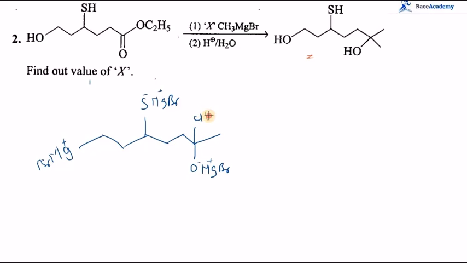Here we have one CH3 group, and another one, OC2H5. That OC2H5 is also removed by another Grignard reagent, so here I will write CH3.